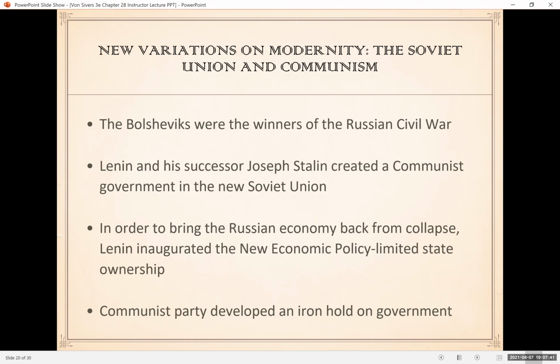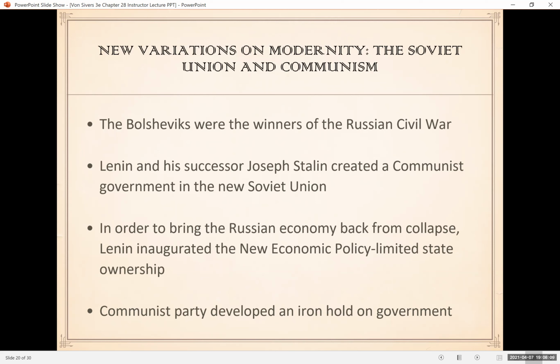This is what's known as the Russian Civil War, and it goes on for several years, even beyond the end of World War I. The Bolsheviks are known as the Red Russians, and their enemy in the Russian Civil War are known as the White Russians. The drink is named after them.